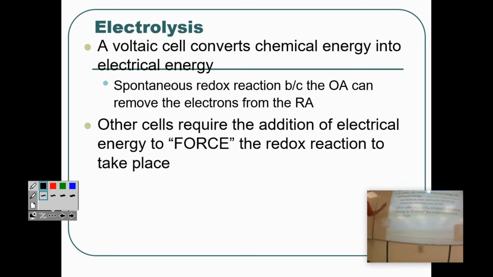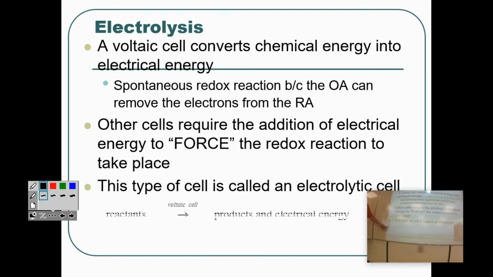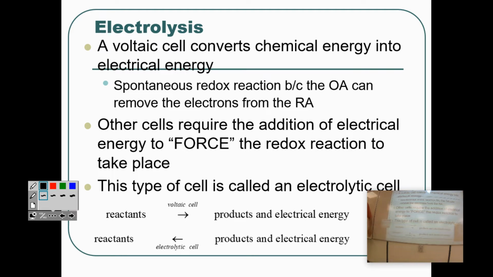Okay, so by definition, and that question leads directly into it, a voltaic cell converts chemical energy into electrical energy. It's spontaneous. We trick the electrons to go through a wire, but it is a spontaneous reaction. The other ones that we do are electrolytic cells, where we force them.